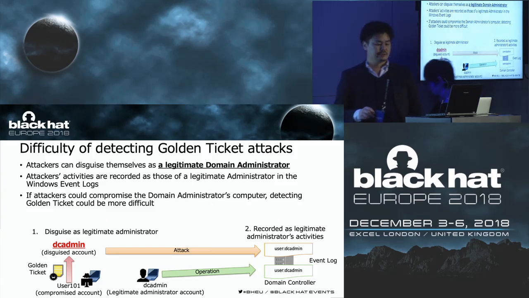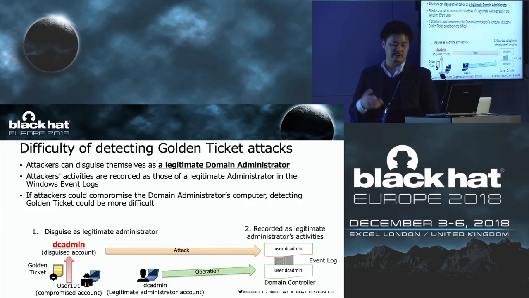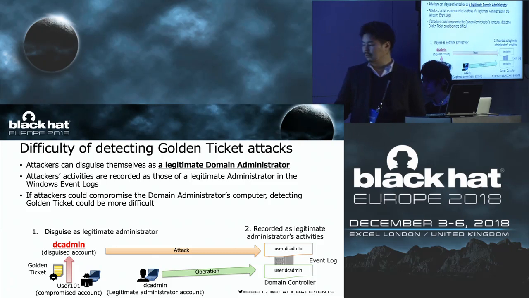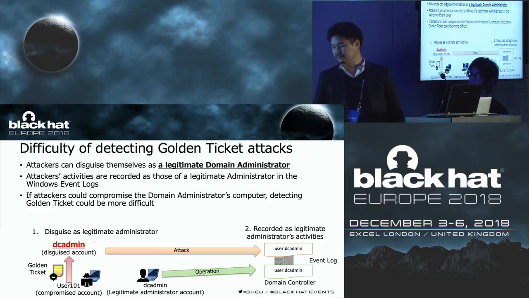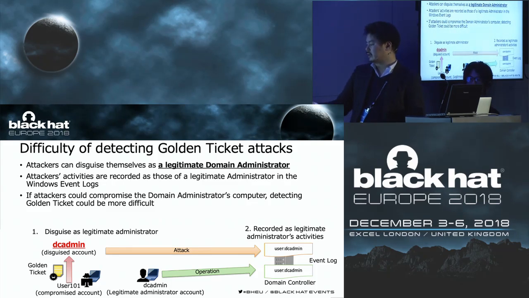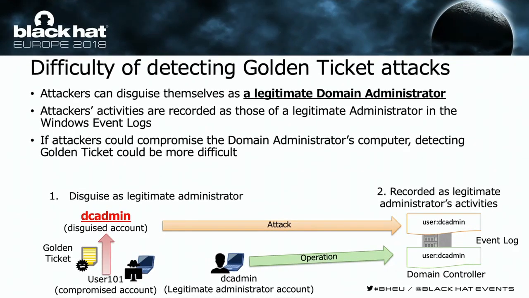This is an image to explain the difficulty of detecting a golden ticket. The left one, the green arrow, means the usual operation. A legitimate admin uses their account to access the domain controller, and the account name is DC admin. And the right one is attacker activity. After they intrude into the network, they can get a compromised account like user 101.